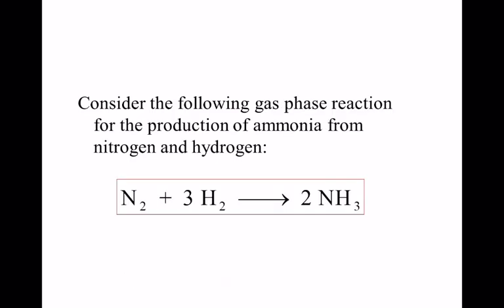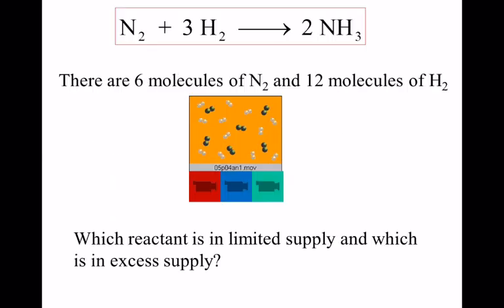So switching gears to a regular chemical reaction where 1 mole of N2 reacts with 3 moles of H2 to form 2 moles of NH3. I have this little video to show you if we have 6 molecules or moles of N2 and 12 molecules or moles of H2.